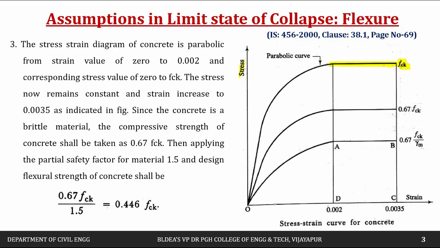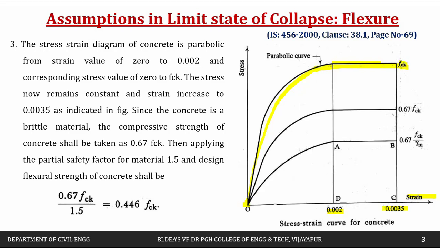But in the strain, from 0 to 0.002 the strain profile is parabolic. After that, the strain will be straight up to 0.0035. So that is what it says. This is the characteristic strength of concrete, fck.